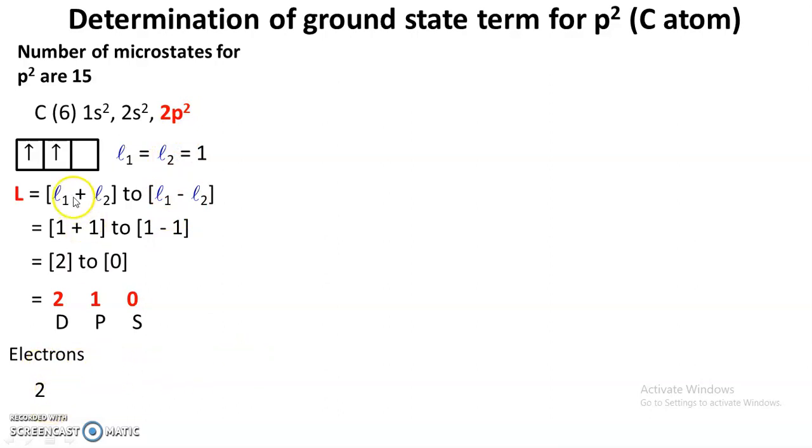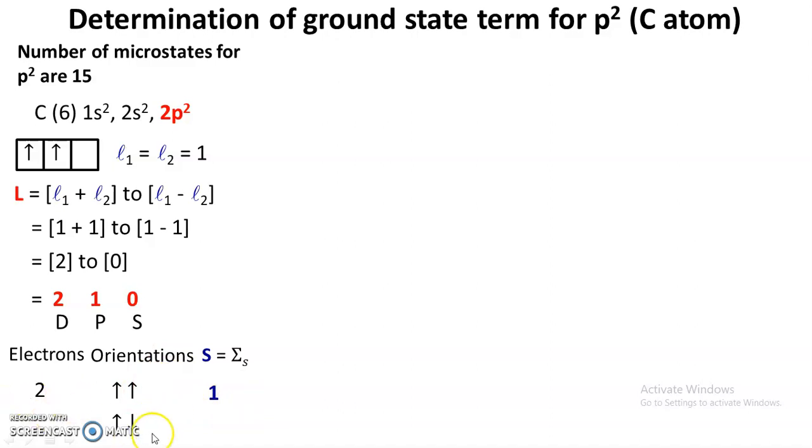Now there are 2 electrons in the p subshell, and the orientations are as follows. In one orientation, the 2 electrons have the same spins, that is clockwise direction, and for these 2 electrons the resultant spin quantum number S is 1, so half plus half equals 1.